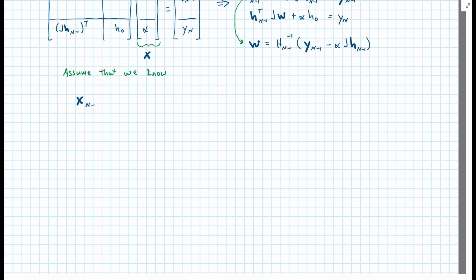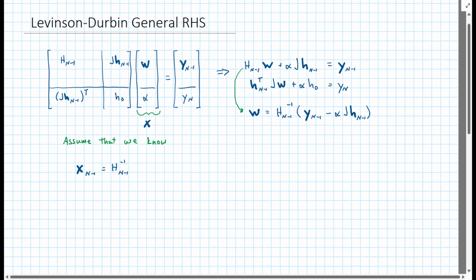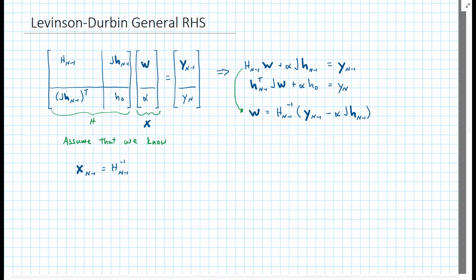And just as a recollection, this is h of n, and this is our vector y of n.